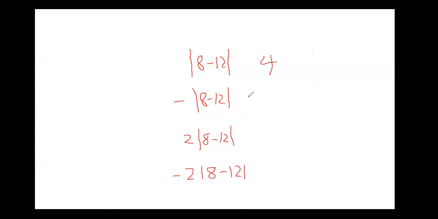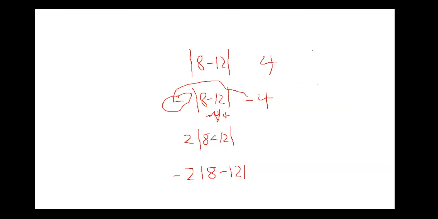This is negative 4. Then it becomes 4, but then you have the negative out here, which we add on, and then it becomes negative 4. Okay, so that gets added on there at the end.